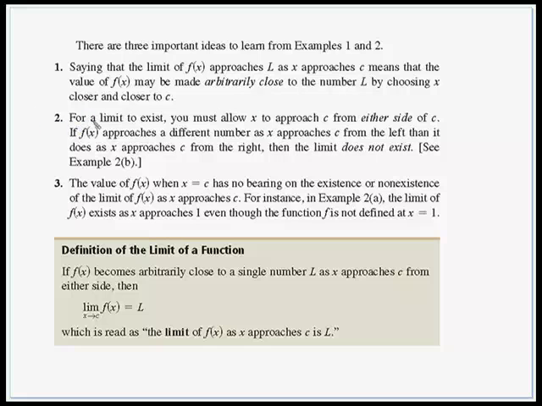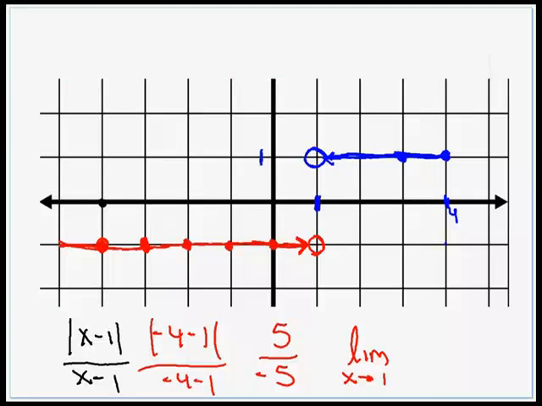Idea number 2. For the limit to exist, you must allow x to approach c from either side of c, from above and below. If the function approaches a different number as x approaches c from the left than it does as x approaches c from the right, then the limit does not exist. And that was example 2b with the absolute value.